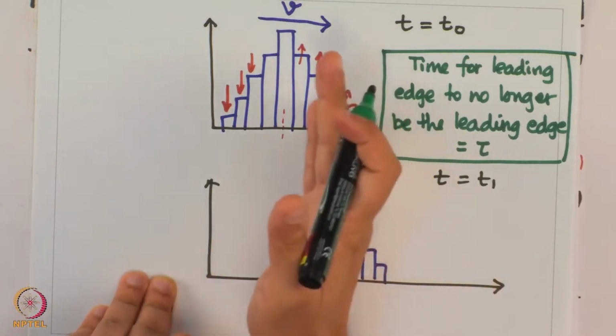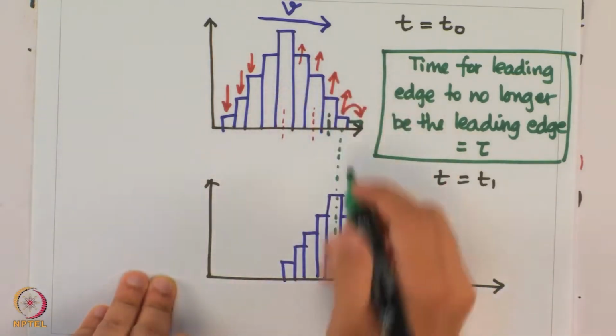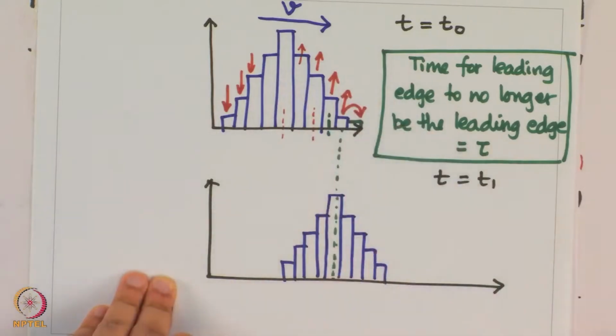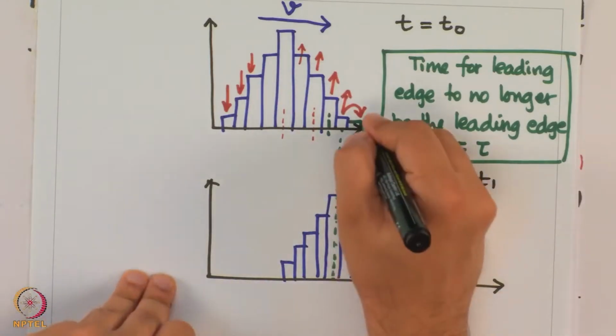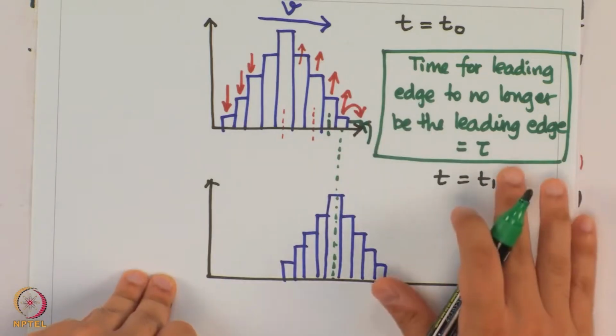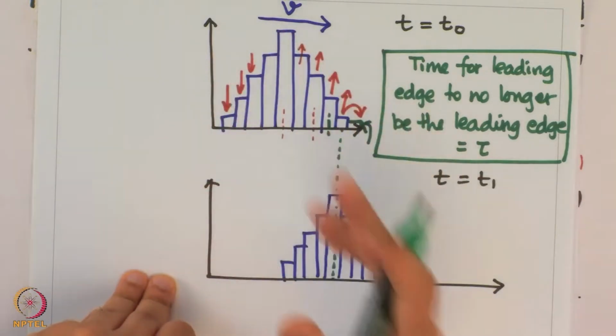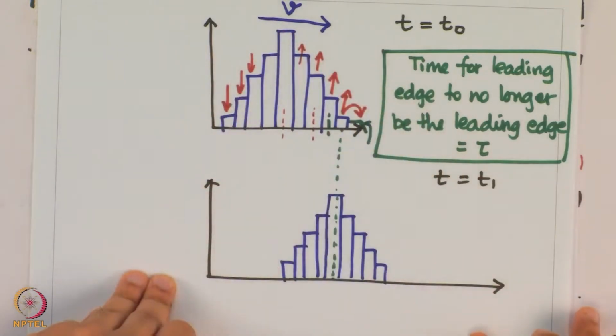Similarly, every particular distribution has moved one unit back because of this leading edge being redefined by this new beneficial mutation that has occurred in the culture. So, in time tau, everybody moves back one unit in terms of the number of beneficial mutations it is carrying with respect to the mean.